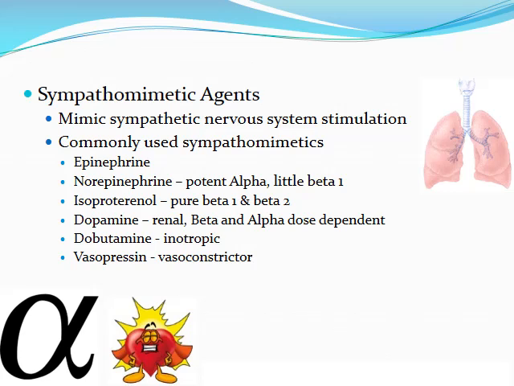You can get beta properties at a dose of 5 to 10 micrograms per kilogram per minute, or we can get more alpha properties with doses of 10 to 20 micrograms per kilogram per minute. Then there's dobutamine, which takes care of that inotropic effect, the contractility of the heart.